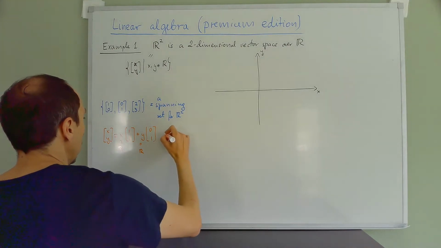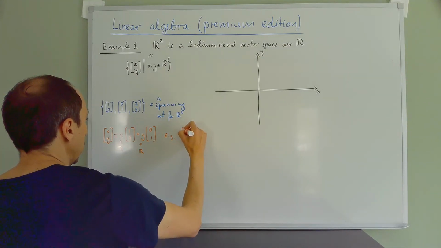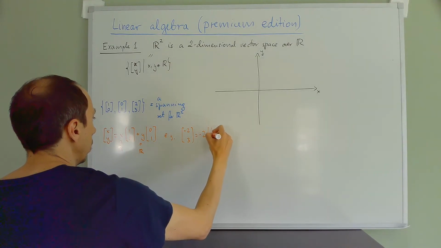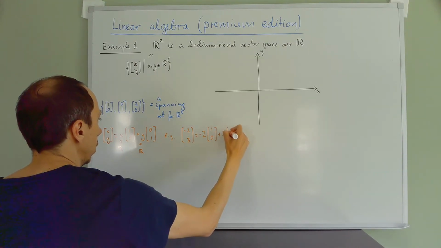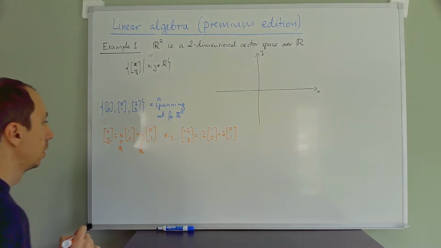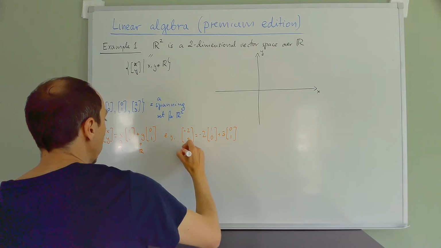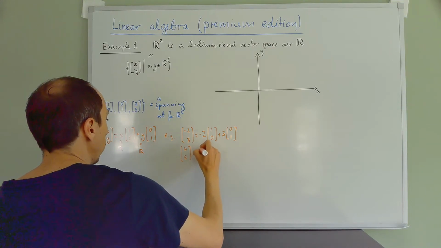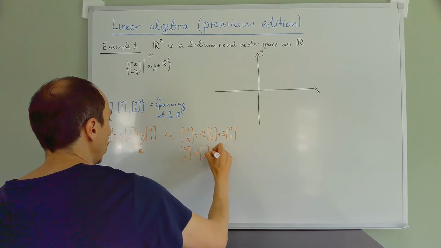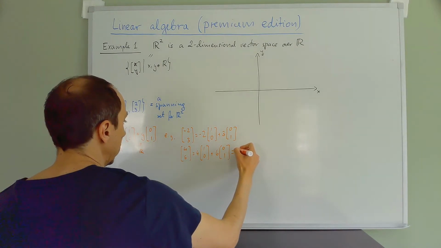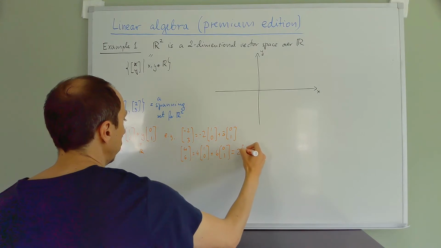So for example, if I want to write (-2, 3), I can just write -2 times (1, 0) plus 3 times (0, 1). If I want to write, for example, (4, 6), I could write it as 4 times (1, 0) plus 6 times (0, 1), but I could also write it as 2 times (2, 3).